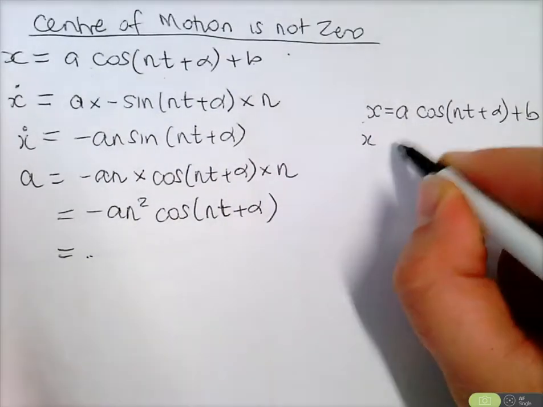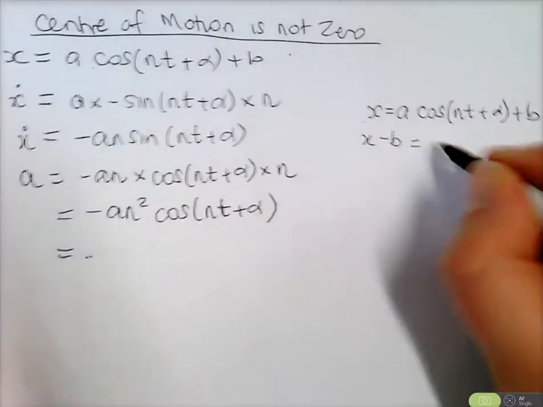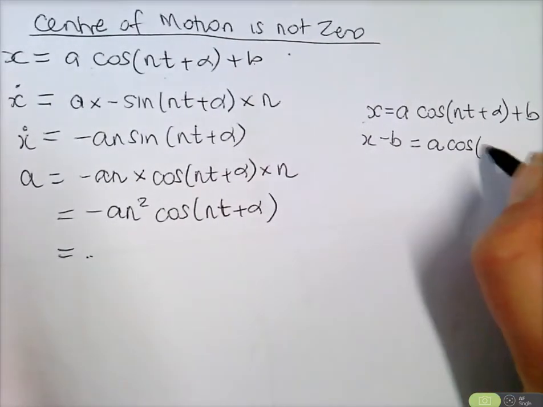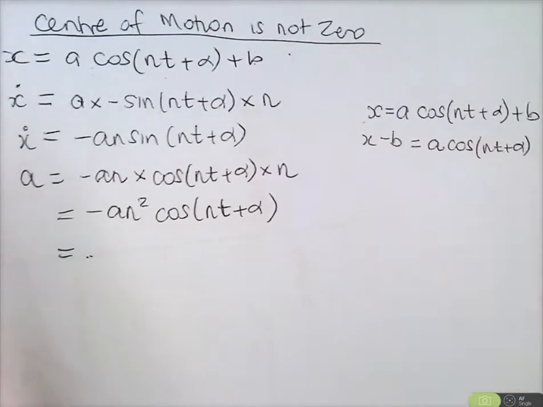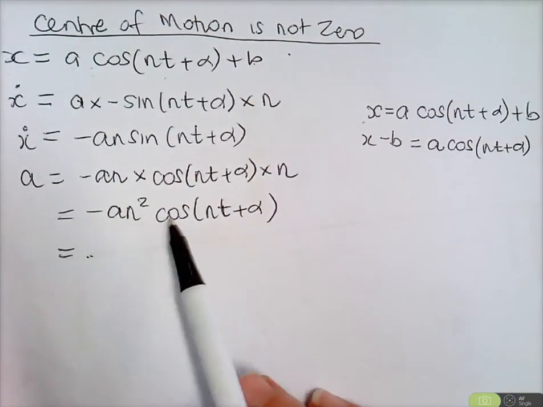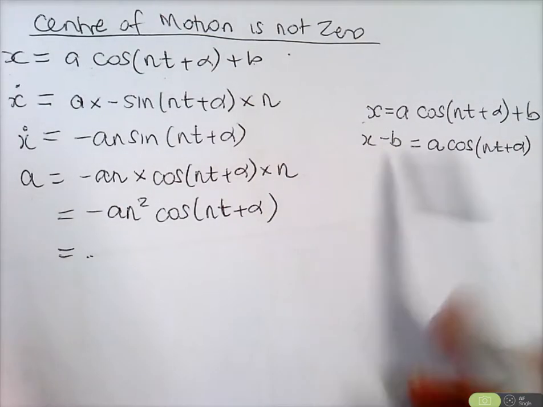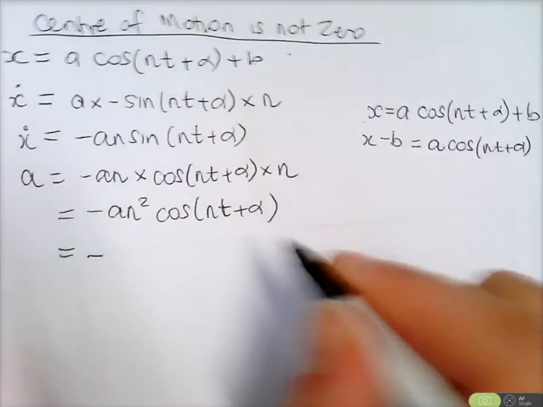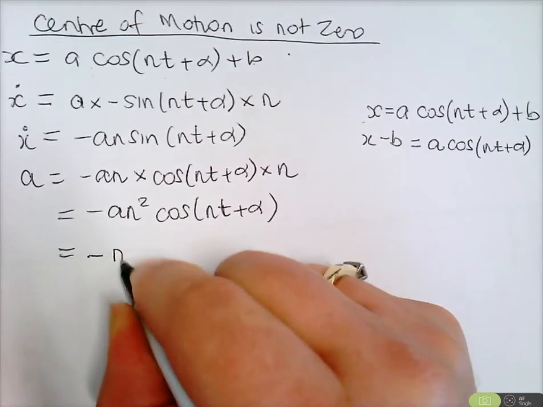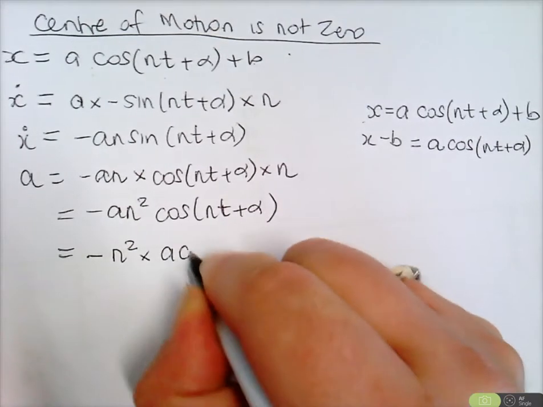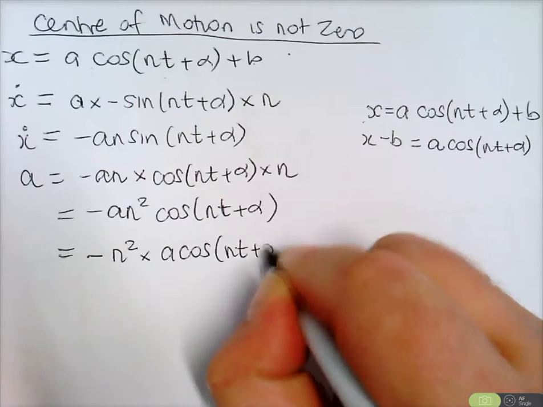So if I take this b over the other side, x minus b equals a cos(nt plus alpha). We've done this last lesson. So the a cos(nt plus alpha) here can be replaced with x minus b. But I'm going to write this as negative n squared times a cos(nt plus alpha).